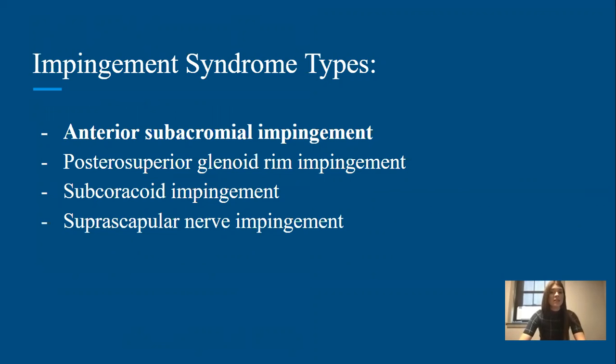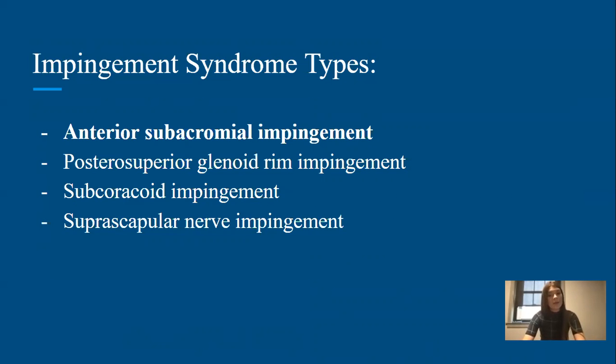Beginning with anterior subacromial impingement, this is whenever the tissues filling the subacromial space are trapped between the humeral head and the coracoid arch. The soft tissues are the subacromial bursa, supraspinatus tendon, and also the biceps tendon. Moving along to the posterior glenoid rim impingement, this is potentially caused by the inner fibers of the rotator cuff and fibers of the posterior superior labrum between the greater tuberosity and the posterior superior glenoid being compressed.